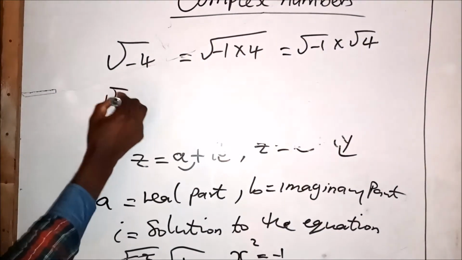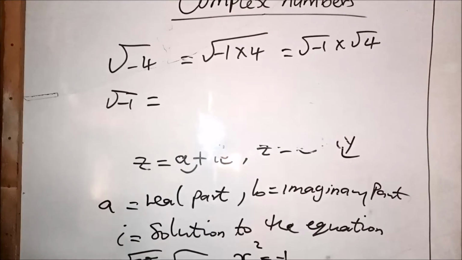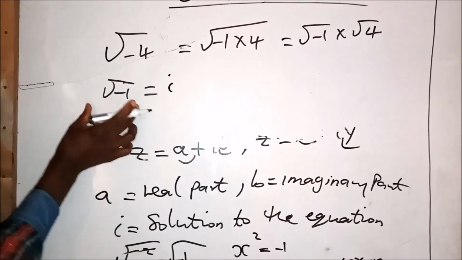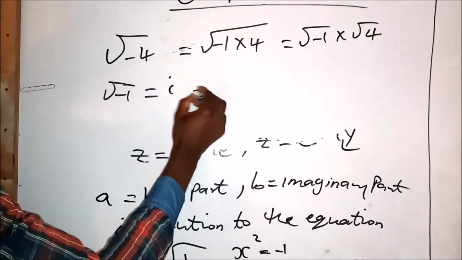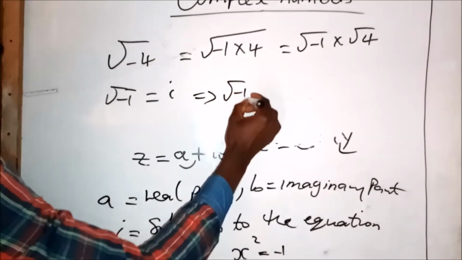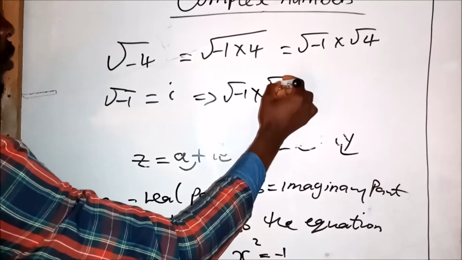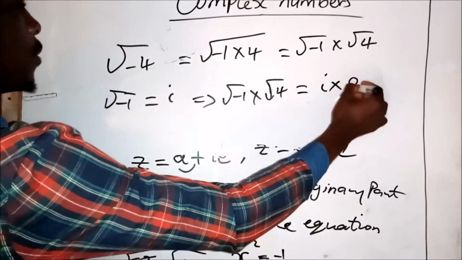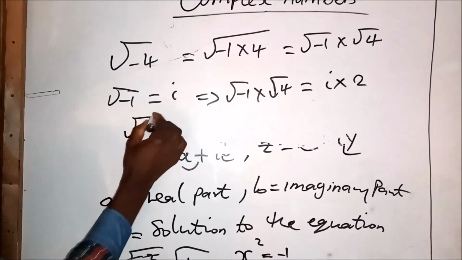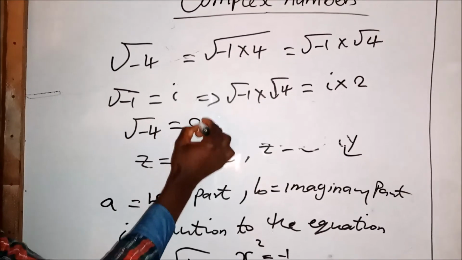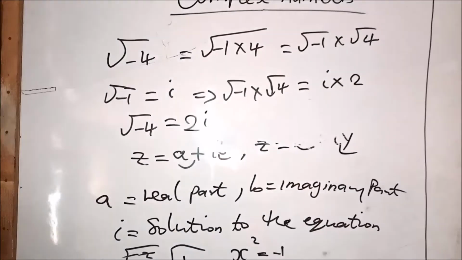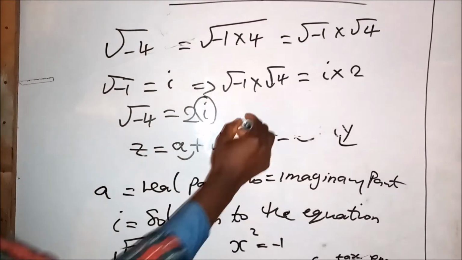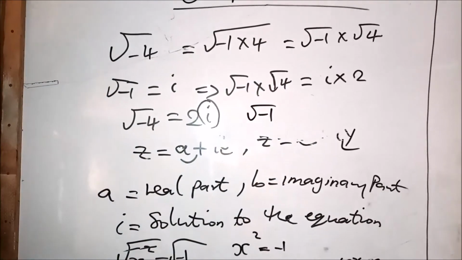Because square root of minus 1 has been given a general notation as i, we can substitute it to give us i multiplied by 2. So that square root of minus 4 will now be resolved as 2i. So this particular i is there to represent square root of minus 1.